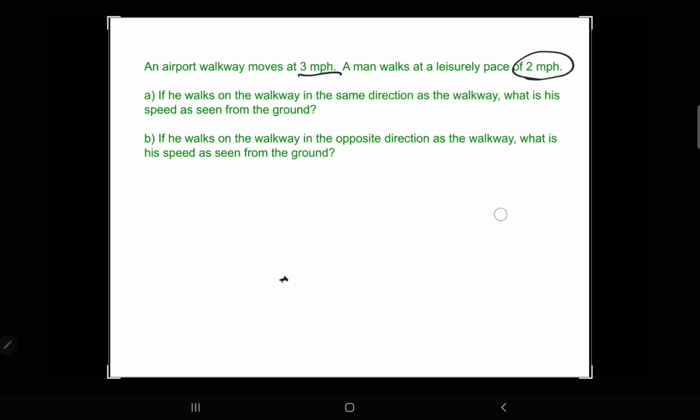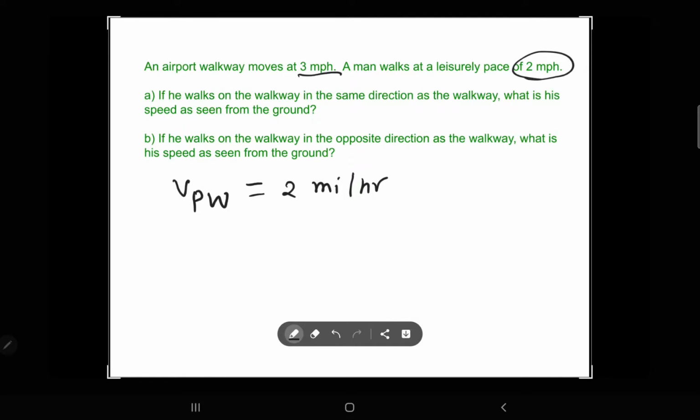Okay, so let us define it this way. Let me symbolize these velocities. First of all, the velocity of the passenger with respect to the walkway is 2 miles per hour. And the velocity of the walkway with respect to the observer is 3 miles per hour. These are the two velocities.